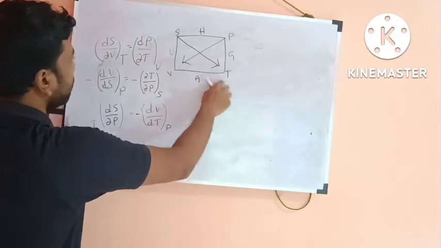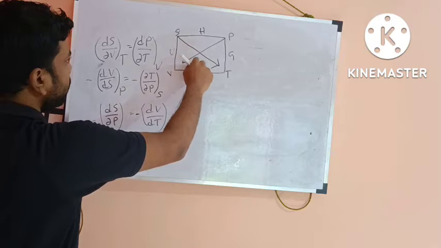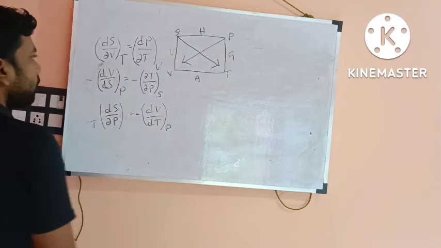Del V by del T, the arrow is opposite, P is constant, so that is negative.